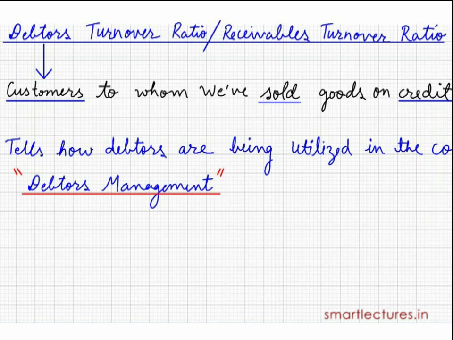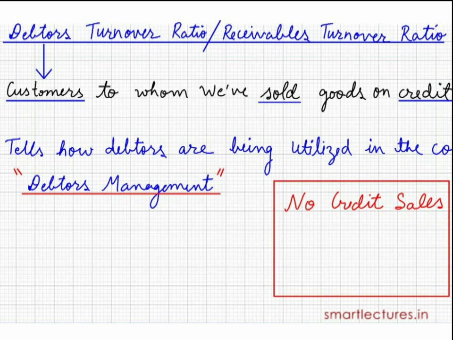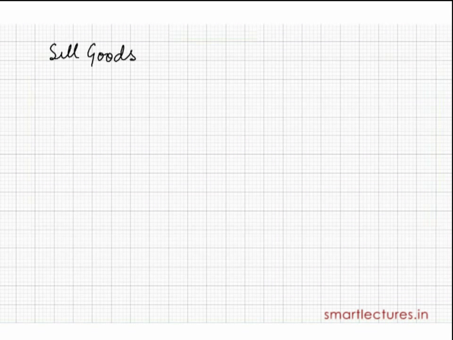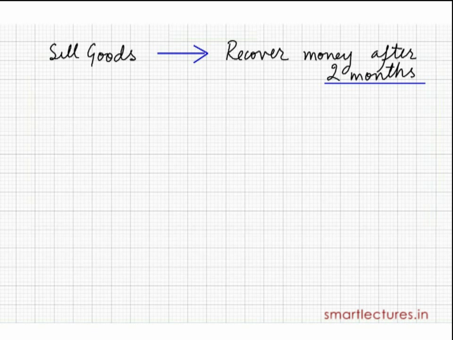One thing should be clear. If there is no credit sales in the company, there cannot be any debtors. Debtors management means how the money is being recovered from the debtors. Suppose you sell the goods and you recover the money from the debtors after 2 months.